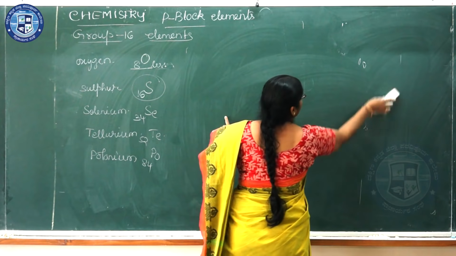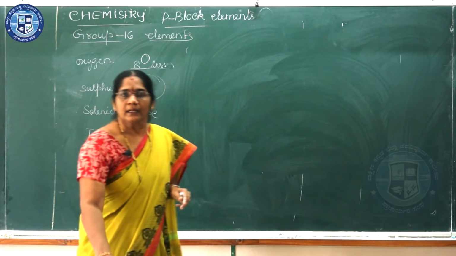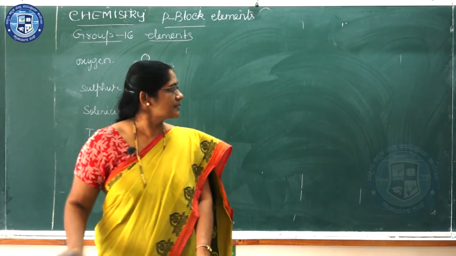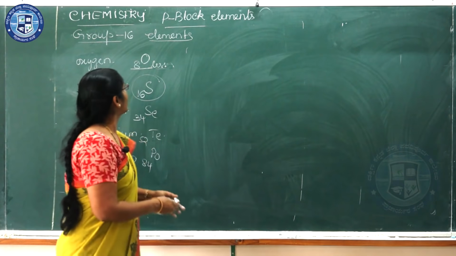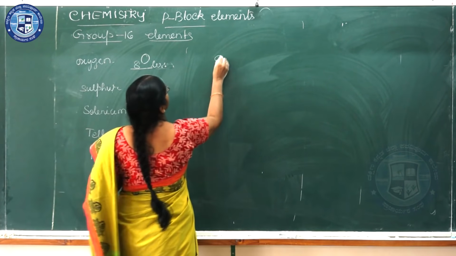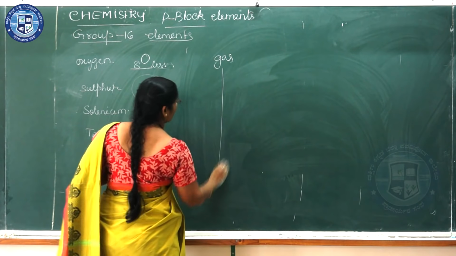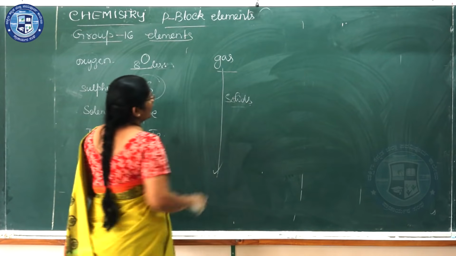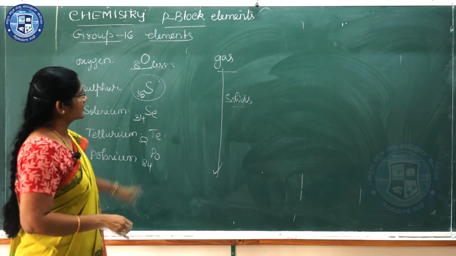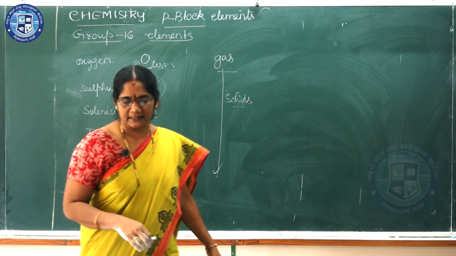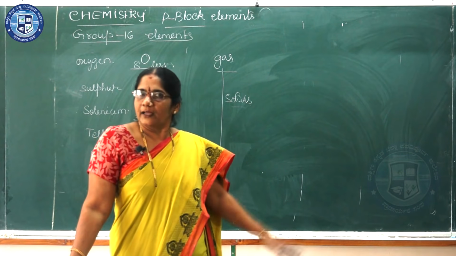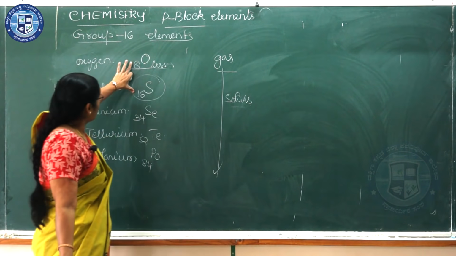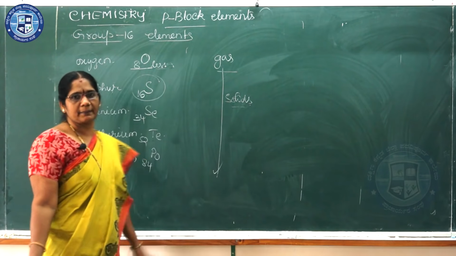Now we will see the physical properties of these. Oxygen is a gas and all the others are solids. And I have already told you these two are non-metals, these are metalloids, and this is a metal.